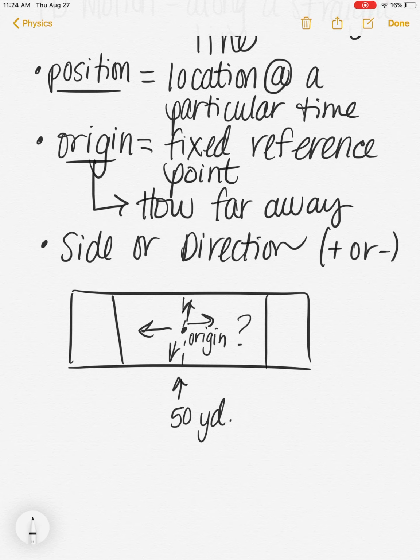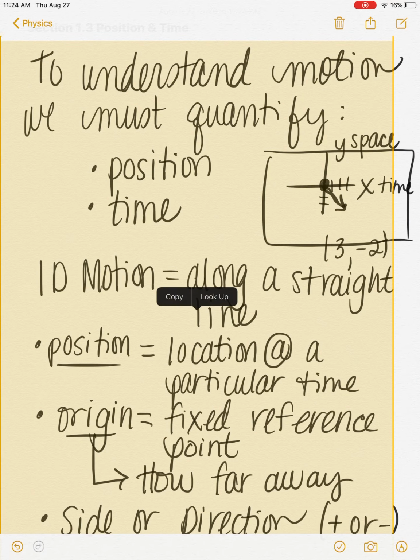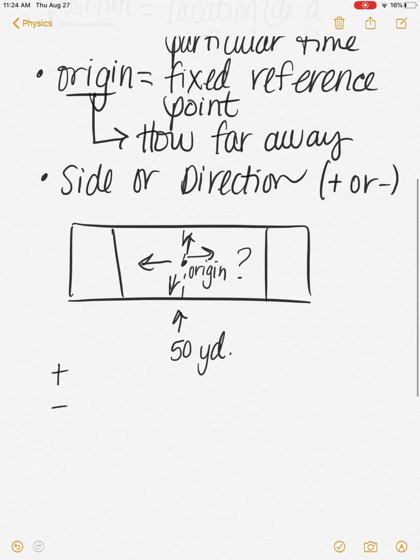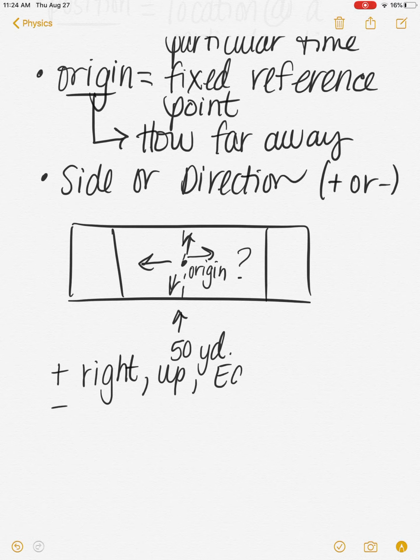All right, well, that is where we use positive and negative values to help us out. So in our case, typically, let me scroll back down, a positive value is a value that's to the right or upwards. Right in the cardinal directions is to the east, up is to the north. So a positive X value would be east, a positive Y value would be north.